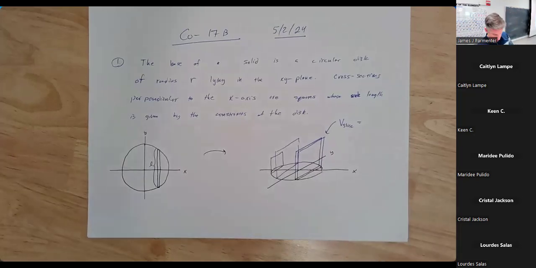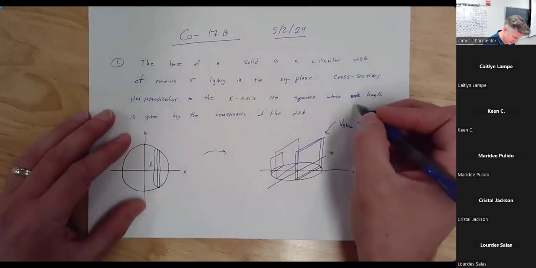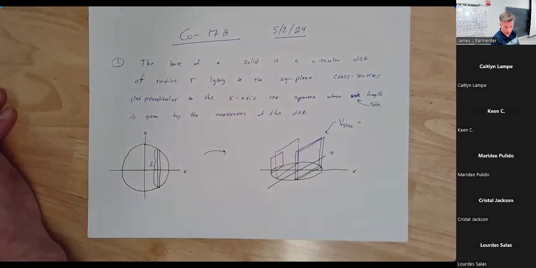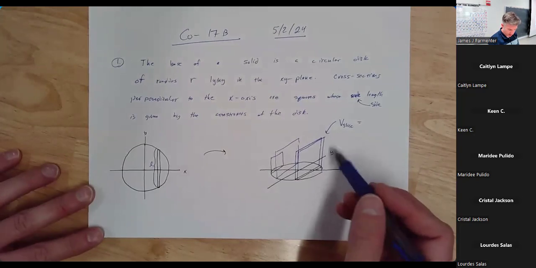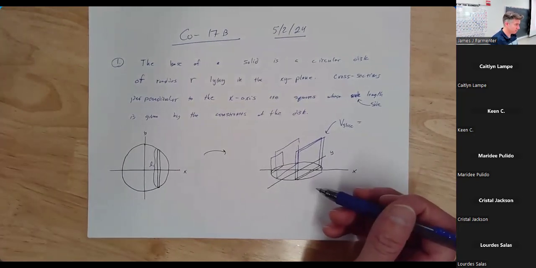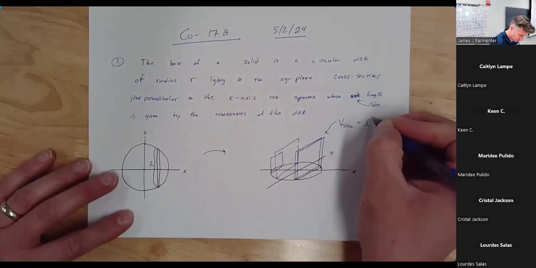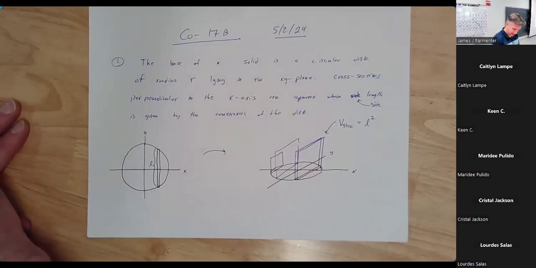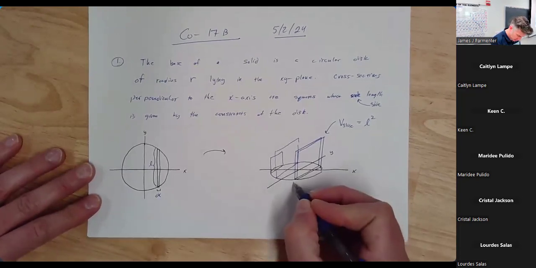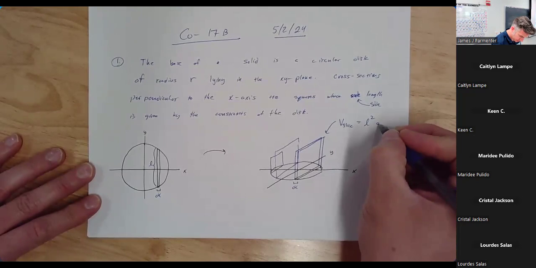It's not crossed out, it's just written poorly. That says side length right there. The volume of our slice here is the area of a square. Great, we know how to find the area of a square. It's just the side length squared times the thickness, which is a small change in x.